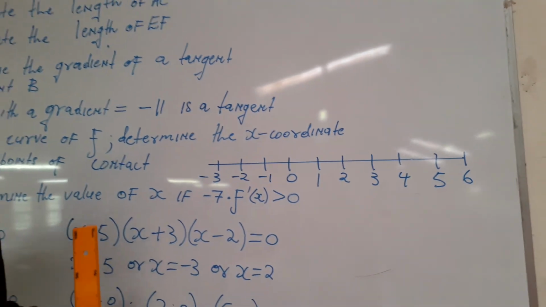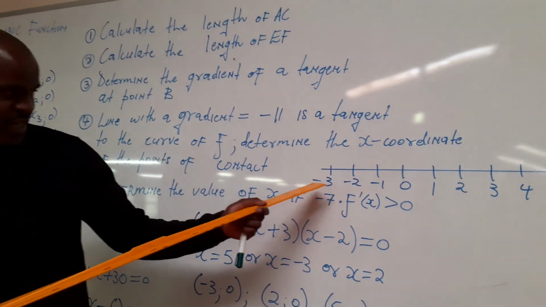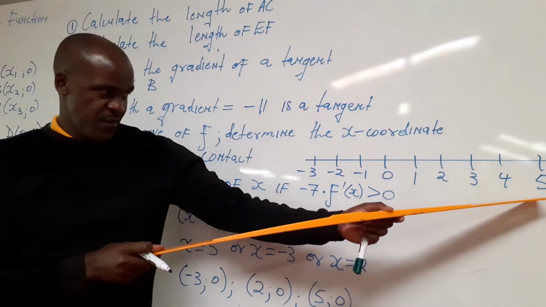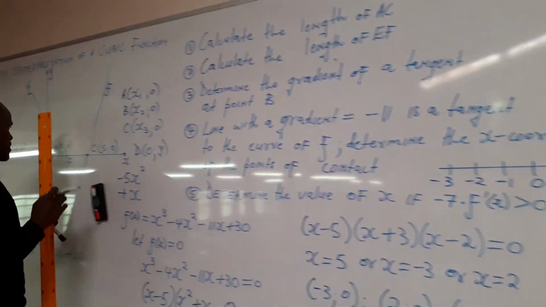We are to find the distance from negative 3 to positive 5.